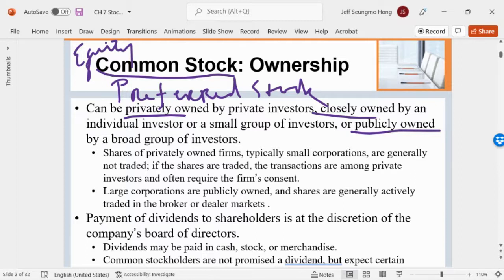Only when the company goes public are their stocks traded on the stock exchange. Obviously, before going public, companies are generally small, and the benefit of going public is that you can tap into a larger pool of funds, coming from a large public.